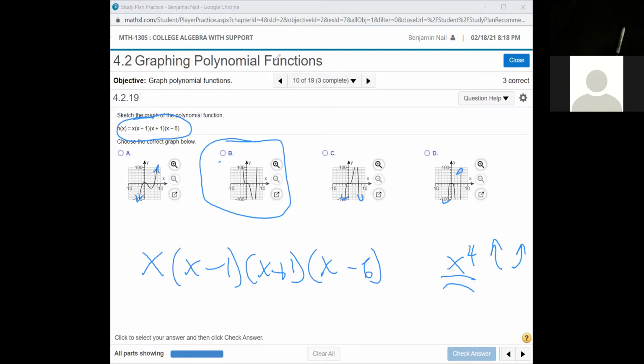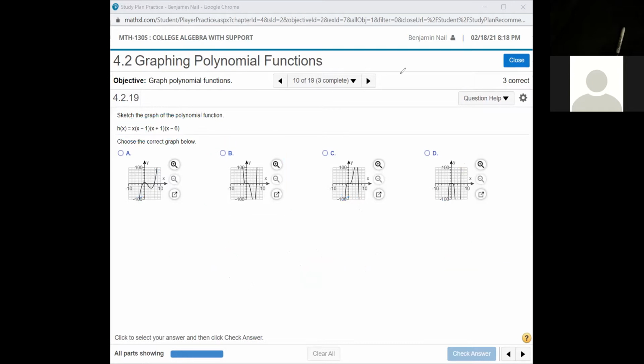If you can't see that from the factored form, if what I just said made absolutely no sense, then we can actually go through and look at the zeros. So that is the next thing we would look at. So x minus 1, x plus 1, and x minus 6. So again, if you're looking at your factors, okay, then x equals 0 is going to be one of my zeros.